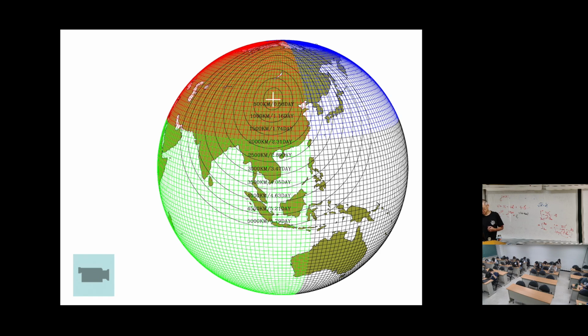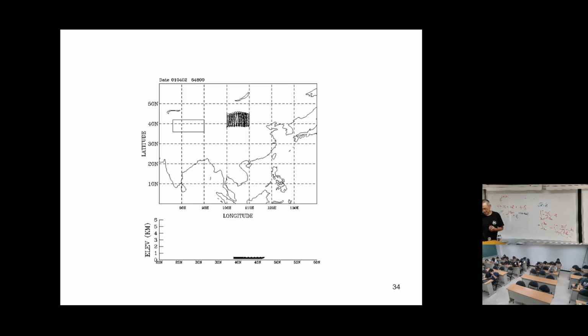From this, we can estimate the process which will impact, for example, Taiwan from the Gobi and also from the Takla Makan area. This kind of process is very important to help us do the calculations.